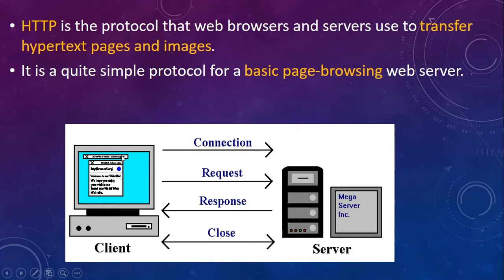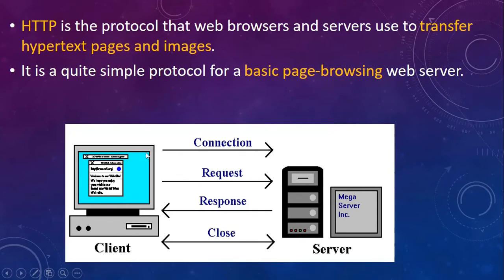Now how does the communication take place between client and the server? So this is your client machine. Suppose you want to access a particular website, so you type the address here. Now your client establishes a connection to the server, right? Once the connection is established, basically the server has to accept that connection request, otherwise the connection cannot be established.